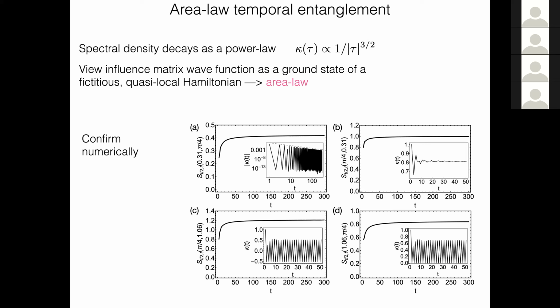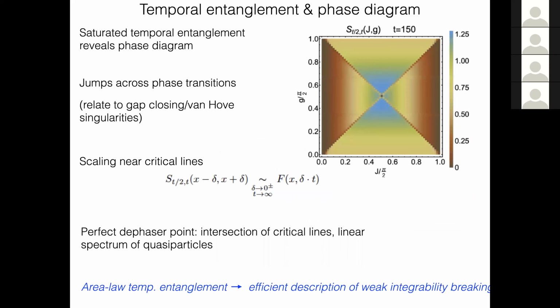And the fact that you can now view the influence matrix wave function as a ground state of a fictitious quasi-local Hamiltonian means it must satisfy area law. That we have confirmed numerically. Here you see the scaling of temporal entanglement for different evolution times, at different choices of parameters. And in the inset, you see how the spectral density decays.